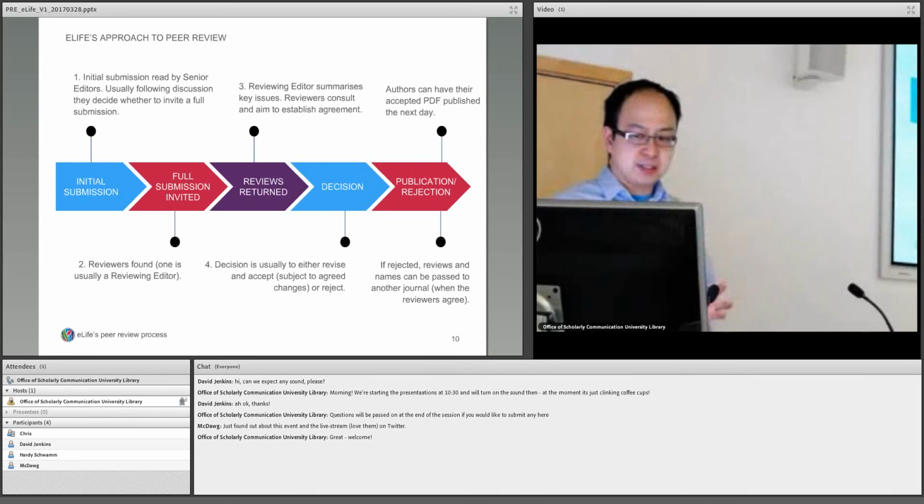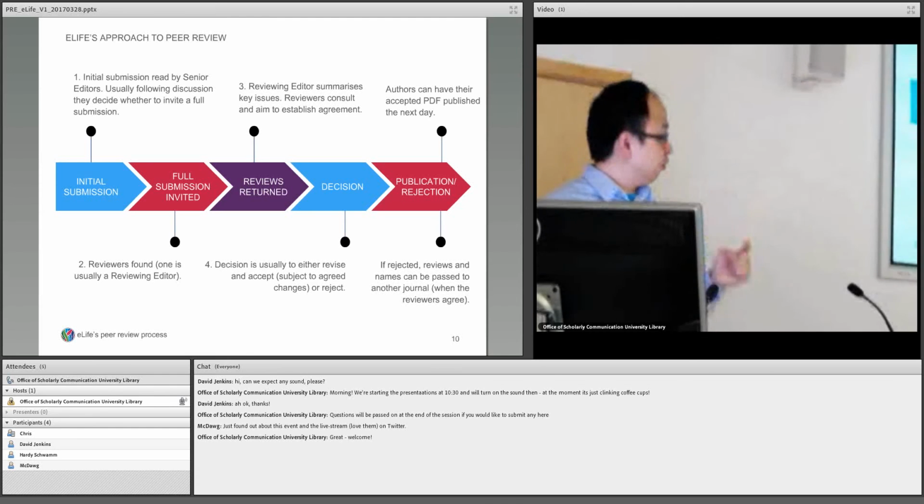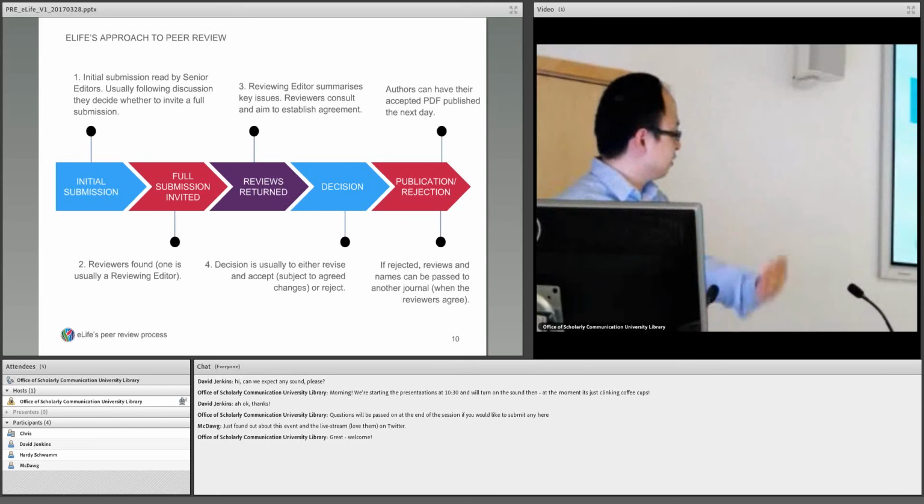Based on that discussion, they will come to a conclusion. Hopefully, they'll be able to summarize and present the author with a clear and concise set of instructions, for example, if we ask them for revisions.